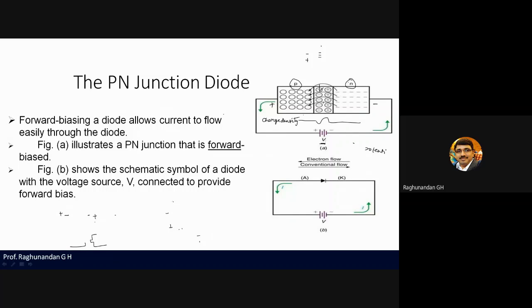Charge density. Can you tell me why this is a sine wave? Why is this at a lower phase and this at a higher phase? That means this indicates negative, this indicates positive.